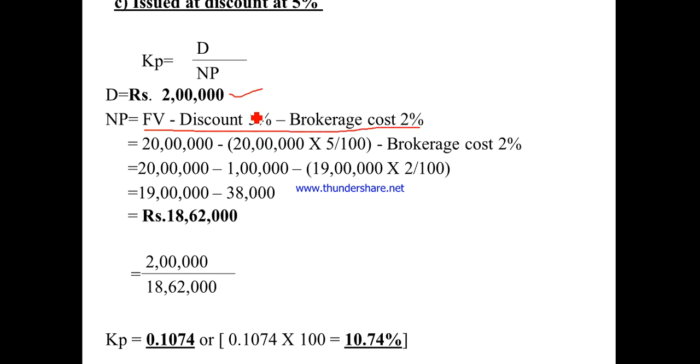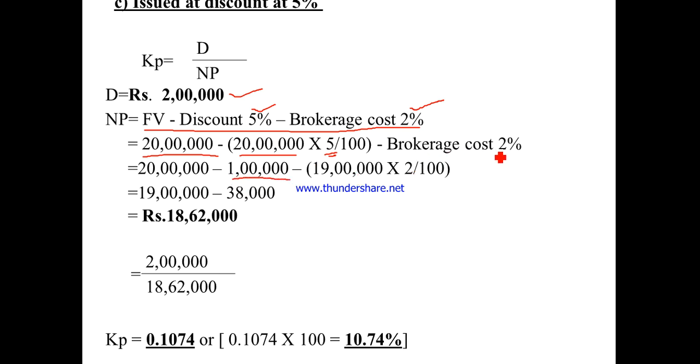Discount is 5% and brokerage cost is 2%. Face value is 20 lakh, given in the problem as 20,000 shares of 100 rupees each. The 5% discount on 20 lakh is 20 lakh into 5 divided by 100, which comes to 1 lakh.